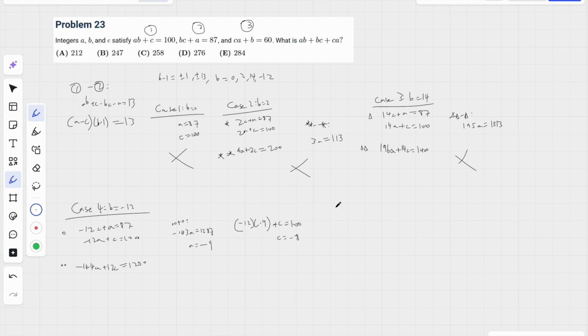So now we have our solution. a, b, c equals negative 9, negative 12, negative 8. Now we just need to calculate ab plus bc plus ca, which is equal to negative 9 times negative 12 plus negative 12 times negative 8 plus negative 8 times negative 9.